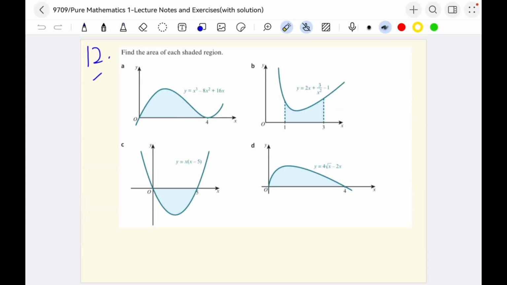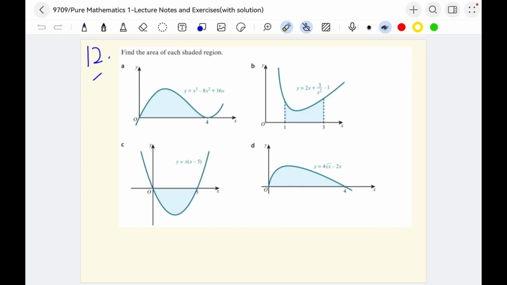Alright, let's move on to the next question, which is question 12. So before I begin question 12, as we have discussed, integration is the reverse process of differentiation. And the indefinite integral is the integral of the integrand, where the integrand is the gradient, to get the original function.